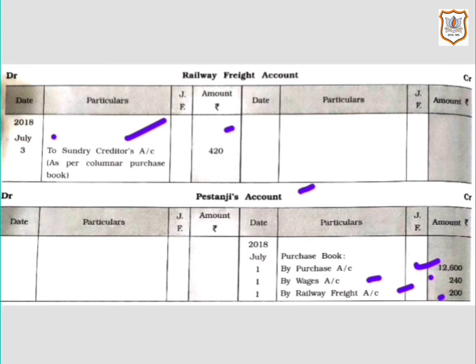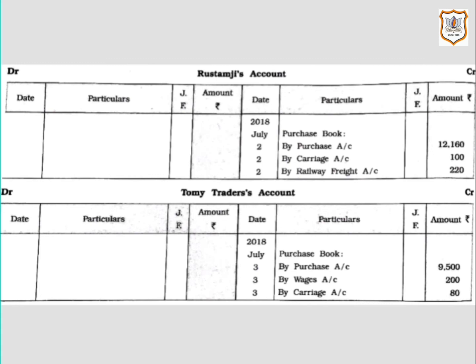So we have to show separately which are the amounts we are going to pay to our creditors. That is 12,600 for the goods which we have purchased, then wages, that is 240, then railway freight, that is 200. Similarly, we will record it in the account of Rustamji.